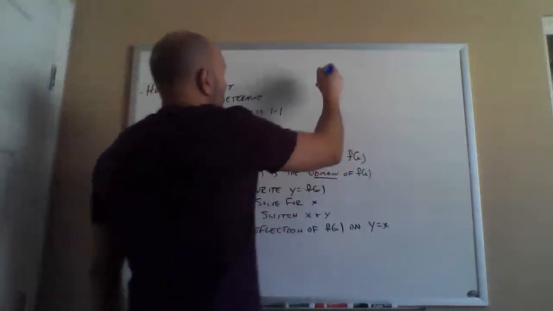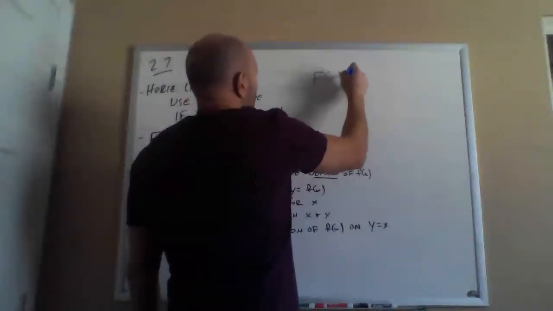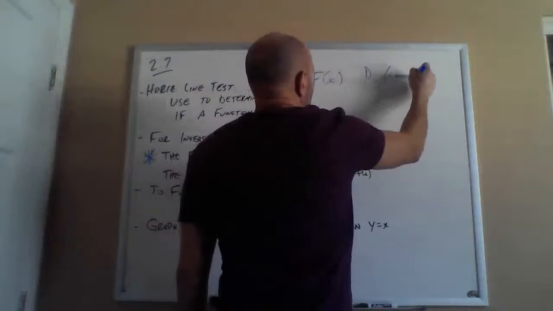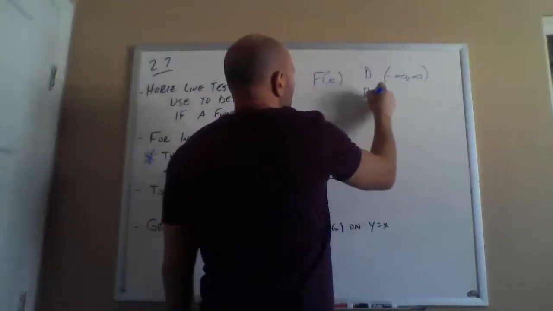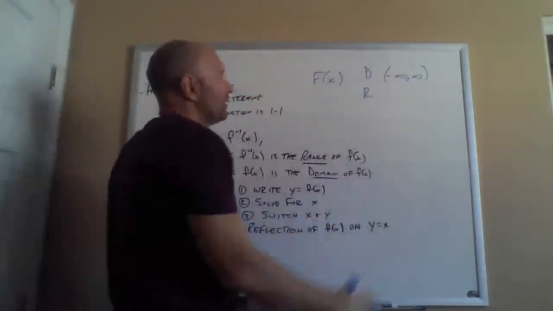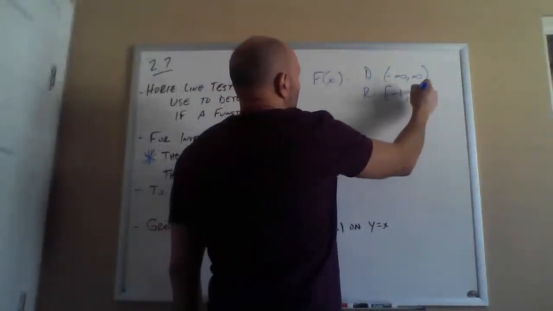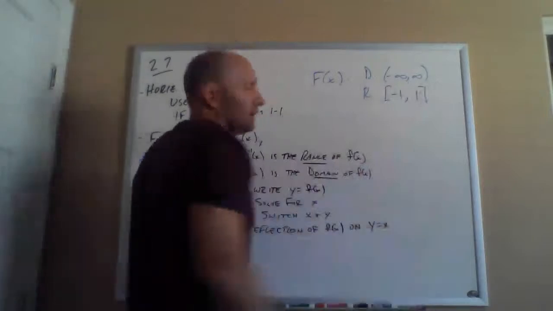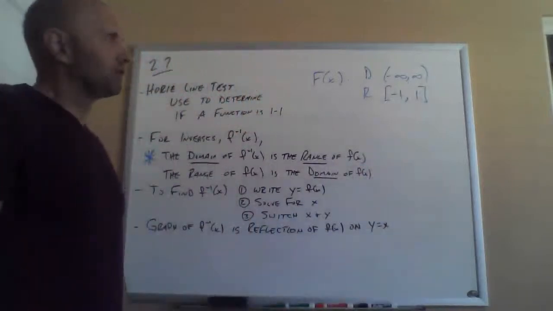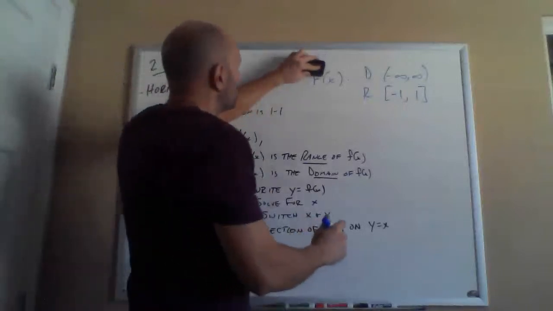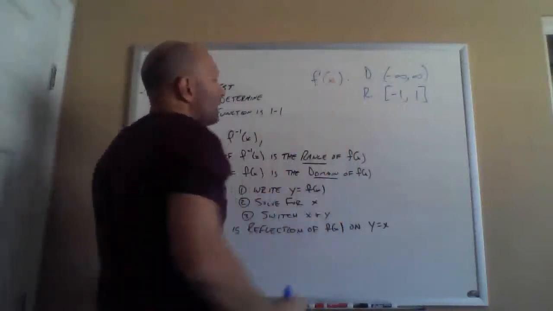Let's say that my function f of x has domain of all real numbers, so negative infinity to infinity, and has the range of, let's say, -1 to +1 in brackets. We're just making this up. This is the domain and range of our base function, small f.